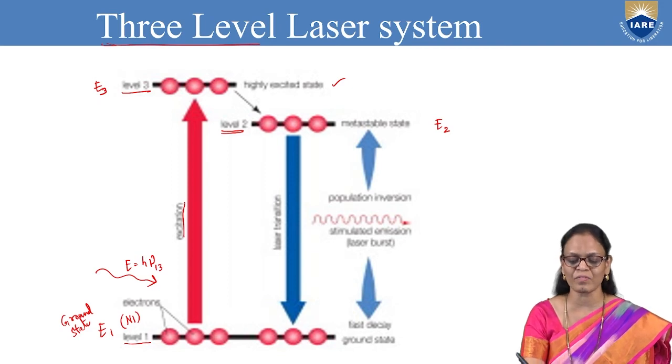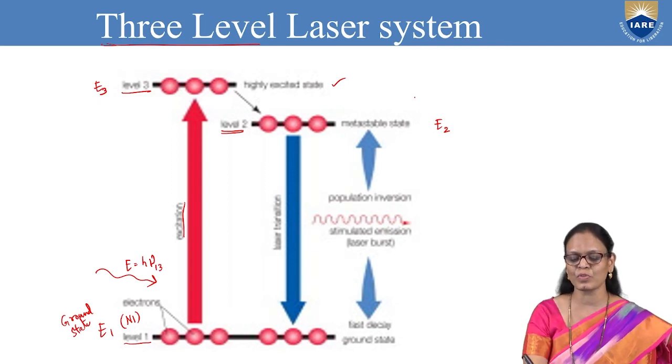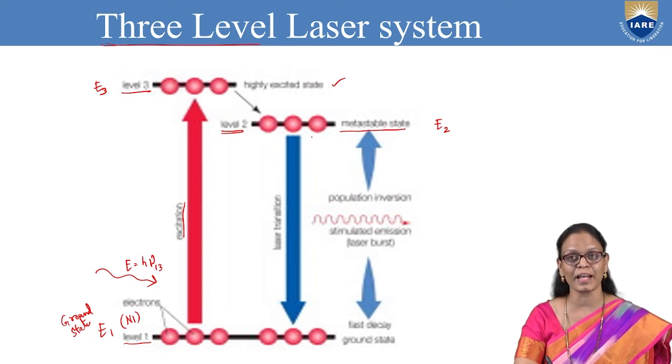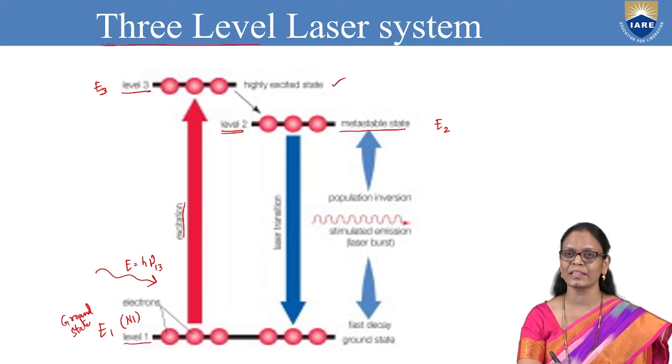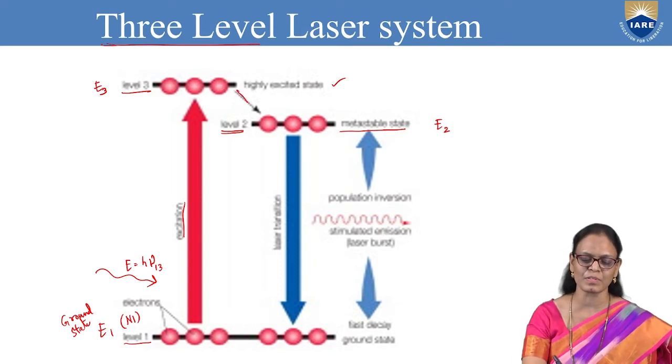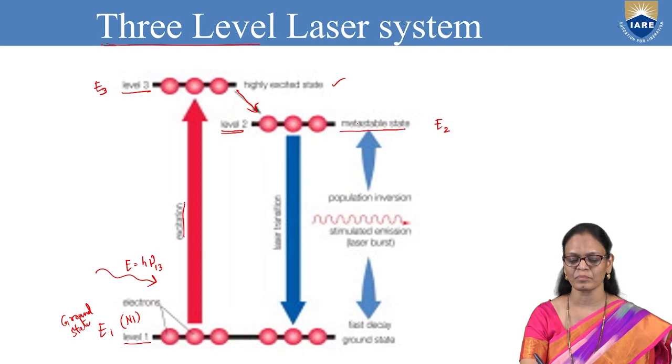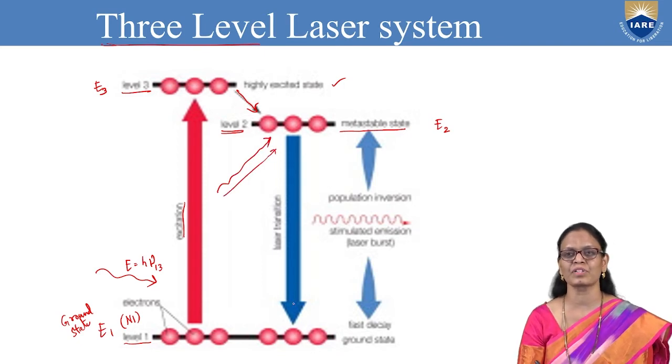So if we have another state, which we call a metastable state, where the lifetime is relatively longer than E3, then what happens? These atoms may come to this, where they stay for a relatively longer time, and we have sufficient time to stimulate them and make them transition.